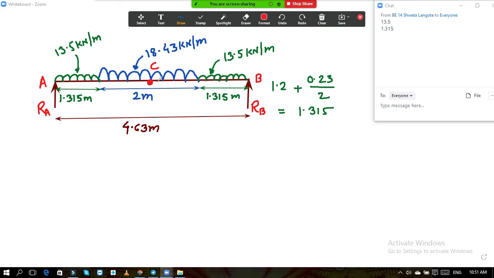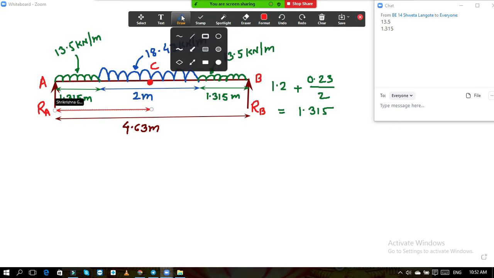Now we need to calculate the distance from point A up to point C. If this total is 4.63 meter, and C is the center point, then it will be 4.63 divided by 2.